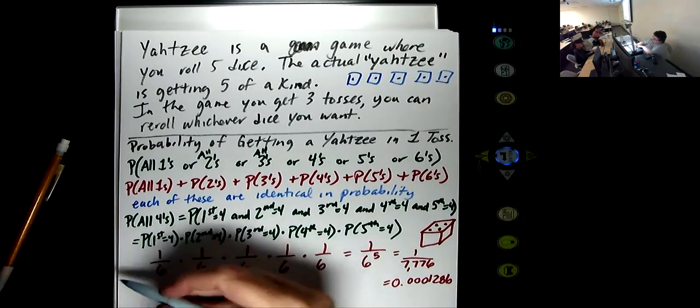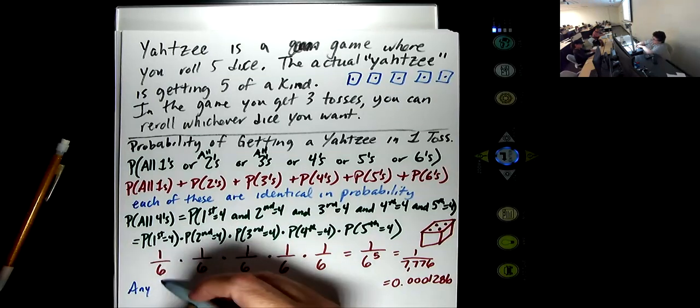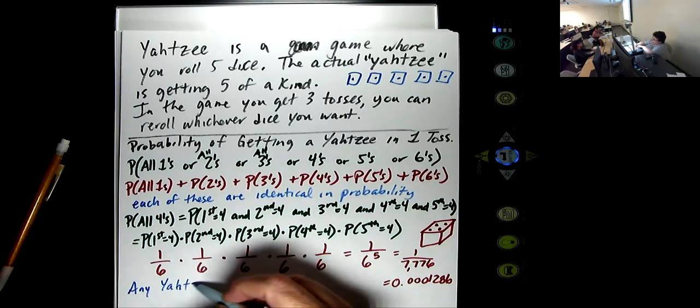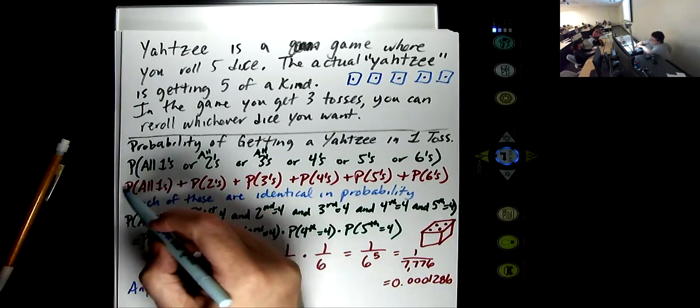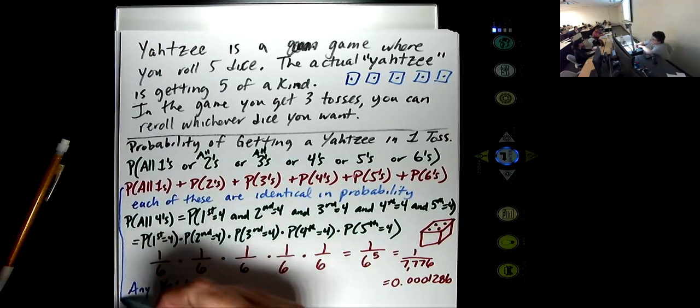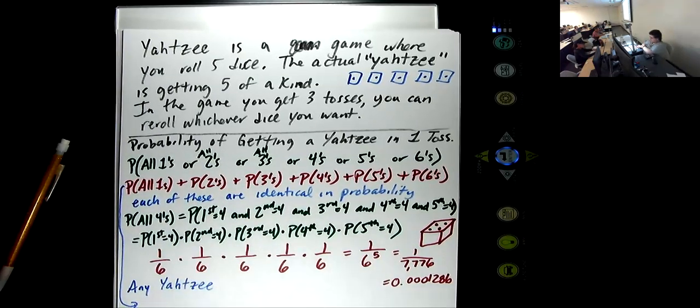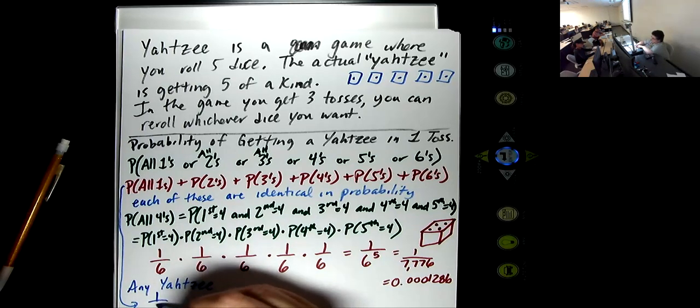So any Yahtzee was this equation. And each of them have the same probability. It's 1 over 6 to the 5th power.